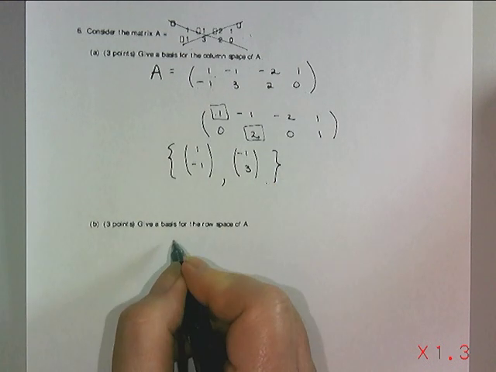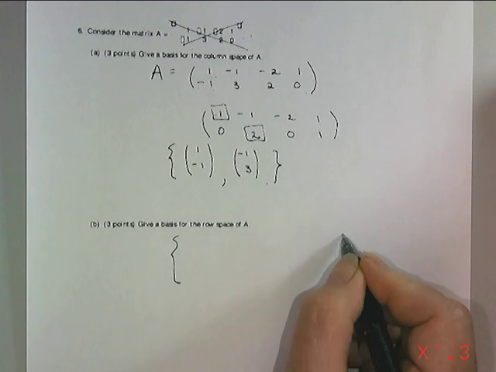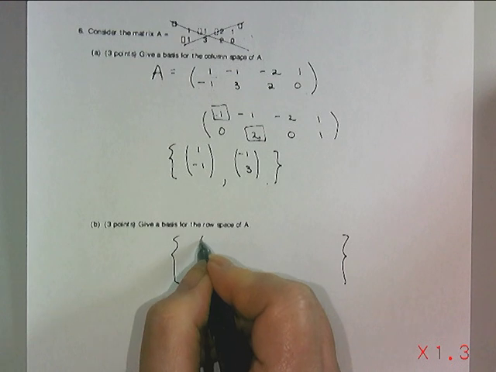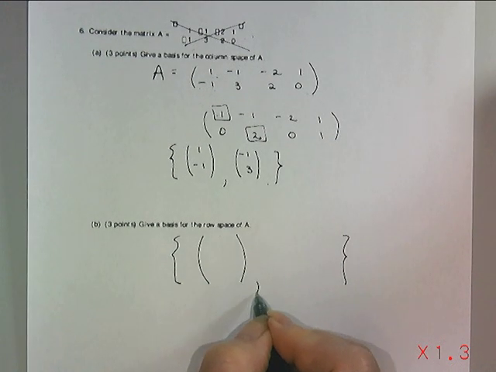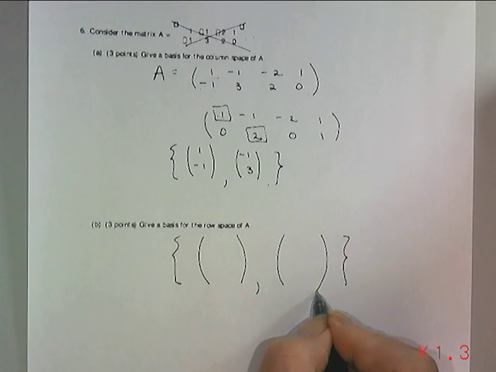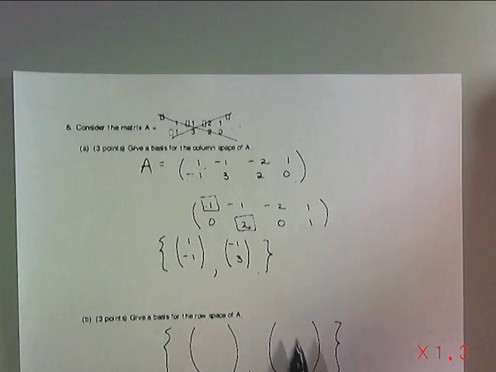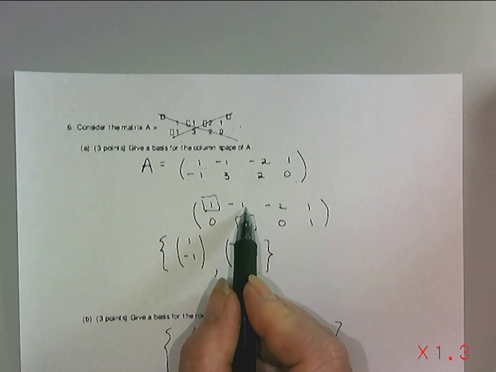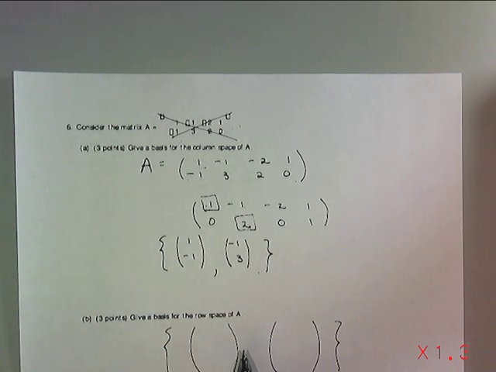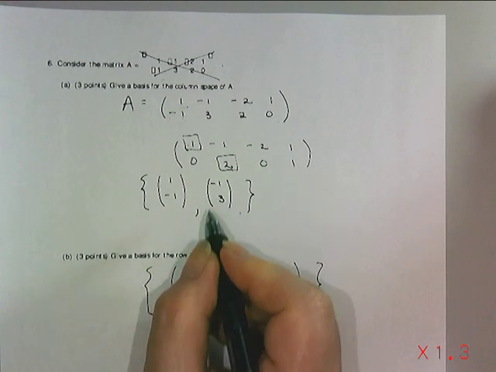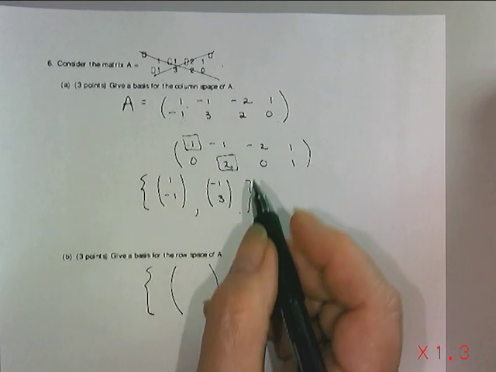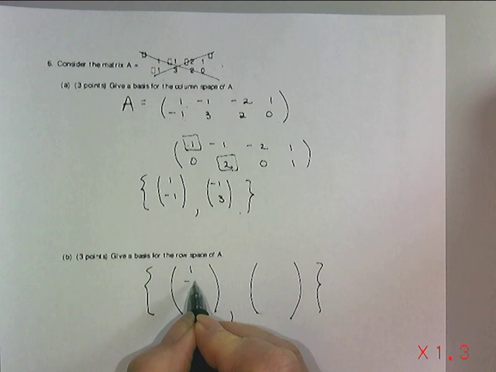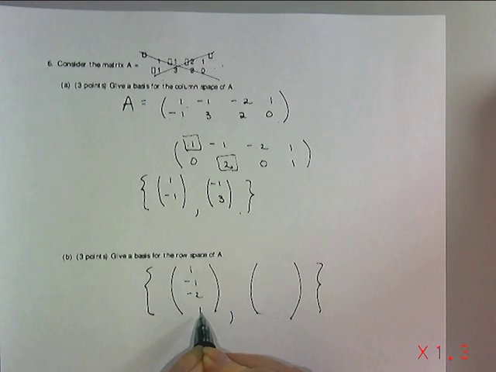So the vectors in the row space are actually the transpose of the rows of the row echelon form of A. So in this particular case, it's going to contain 2 vectors, both of size 4, where the first one will be the transpose of this row, which will be the column vector 1, -1, -2, 1.